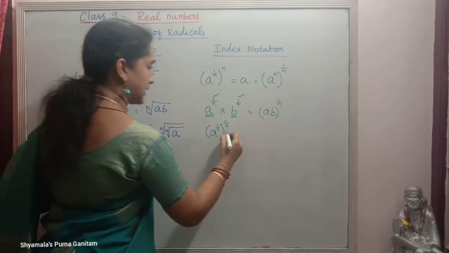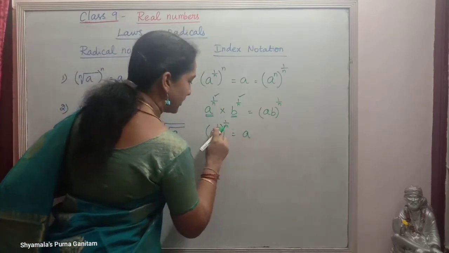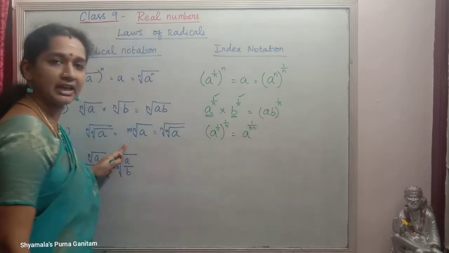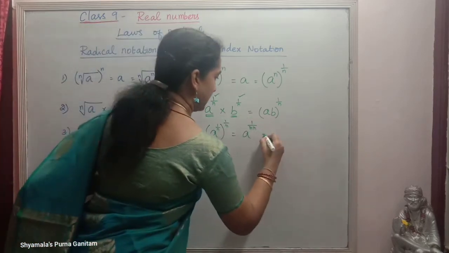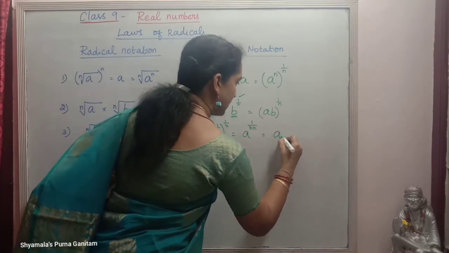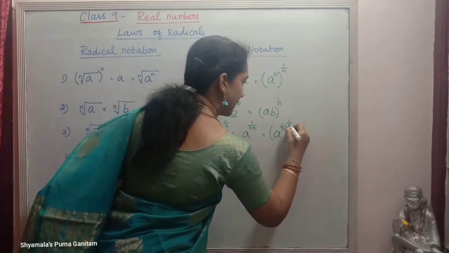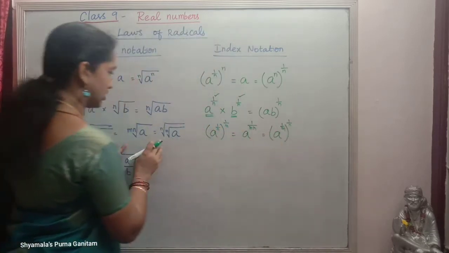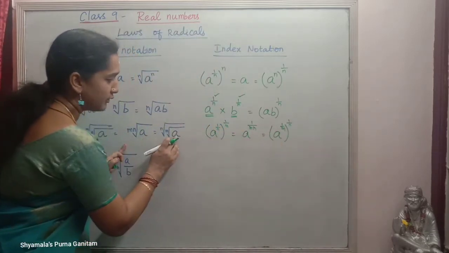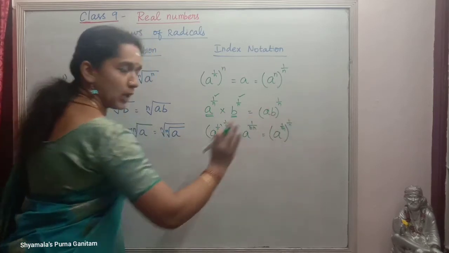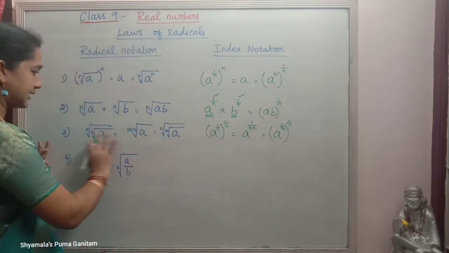So this is equal to a power, we have to multiply the powers, 1 by mn. We can multiply the powers. So the same thing we can write as a power 1 by m first, whole power 1 by n. So this can be interchanged. So like that only we got here. First one is a power 1 by m to the whole power 1 by n. Okay. So this is the third one.